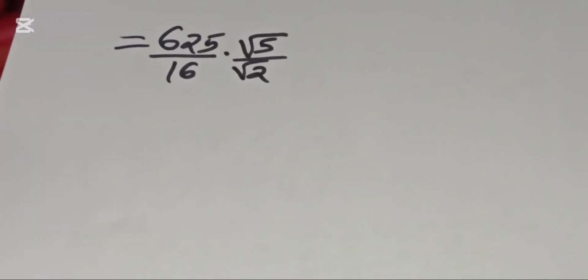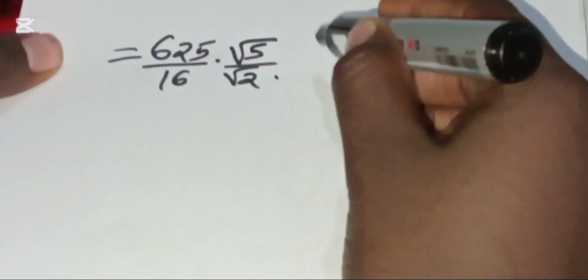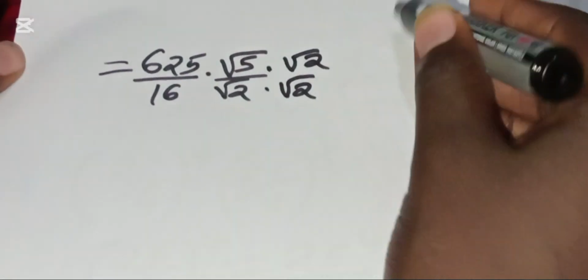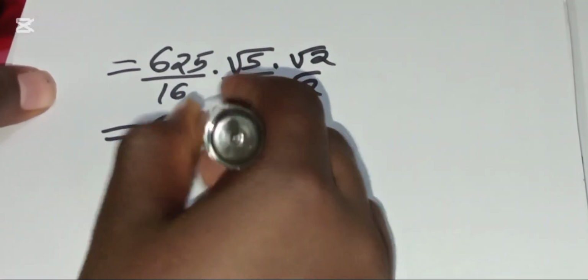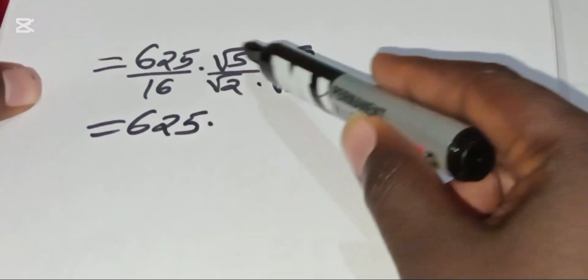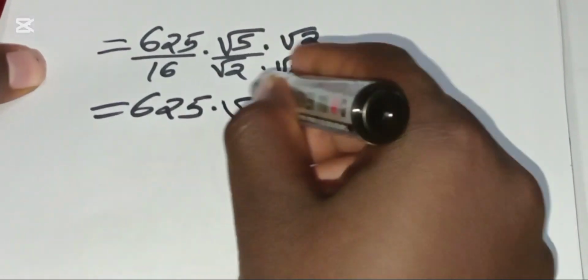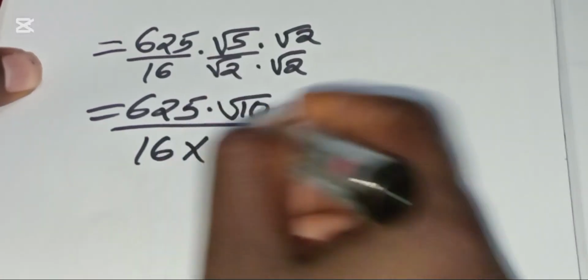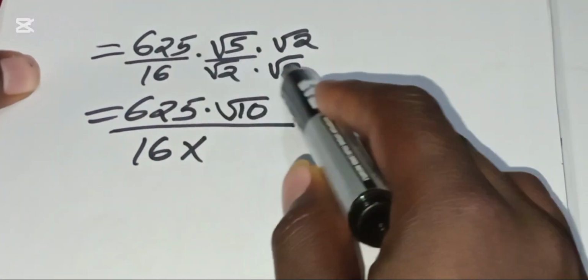So what do we do here? We rationalize the denominator. We multiply by square root of 2 in the denominator and in the numerator, so that we're going to have 625 multiplied by square root of 5 times square root of 2, which is the same thing as square root of 10, divided by 16 multiplied by square root of 2 times square root of 2.